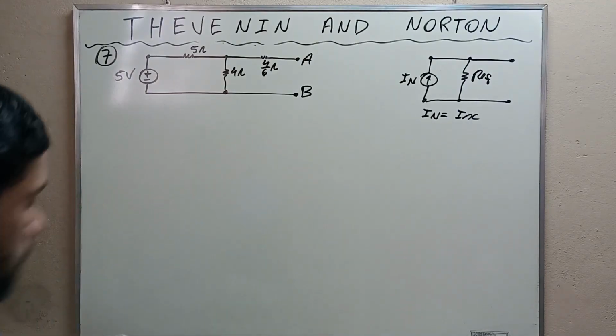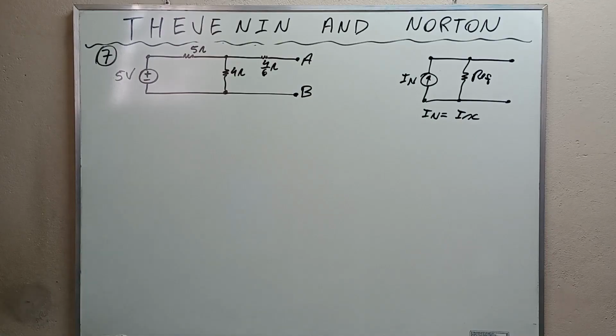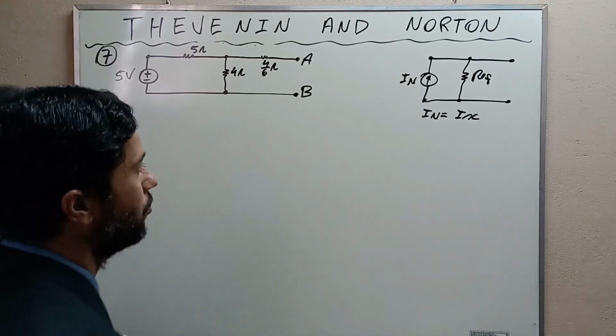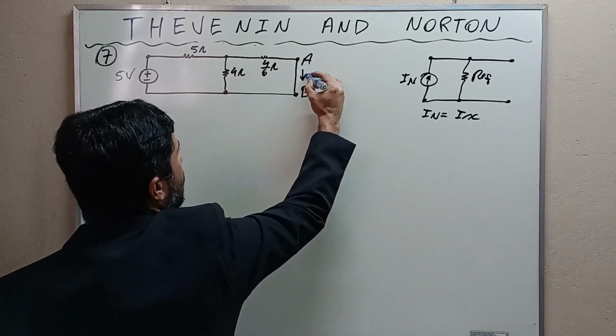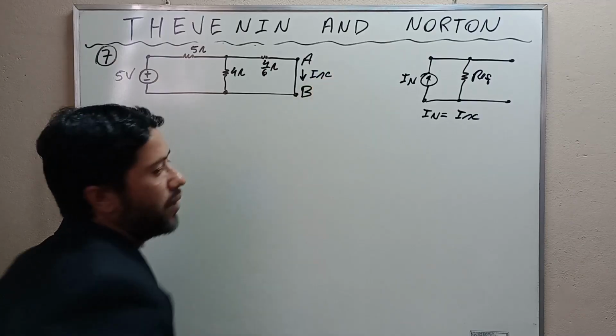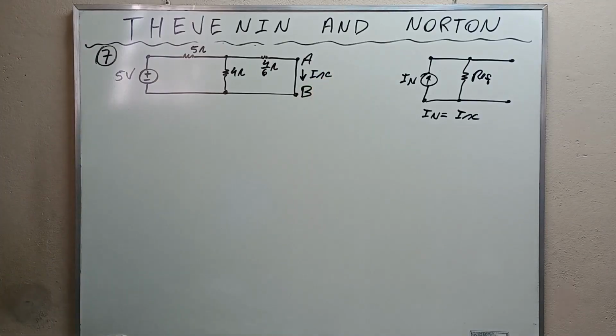Alright? So, we need the short circuit current. The first step consists of finding the short circuit current. For this purpose, we short circuit terminals A and B. We need the short circuit current. And to do this, we are going to short circuit here. And the short circuit current is going to pass here, okay?